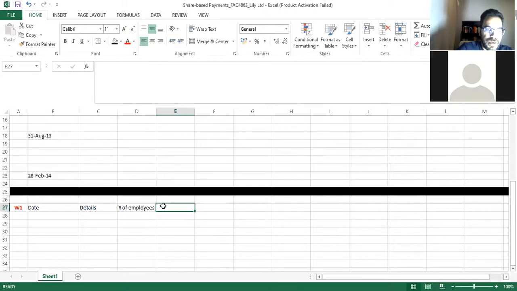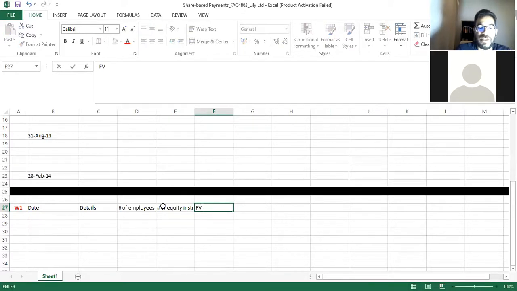Number of equity instruments. Fair value. Remember, the fair value is the grant date fair value. And then you want to say vesting condition.